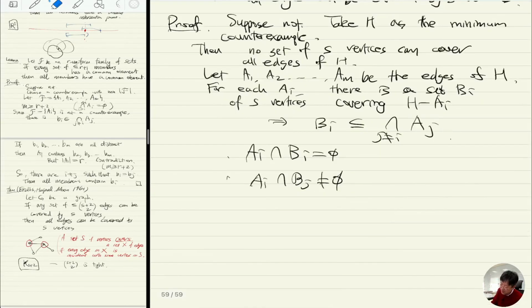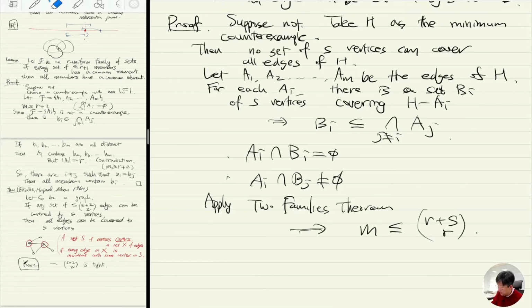Now apply the two-family theorem. Then we prove that M is at most r plus s choose r.